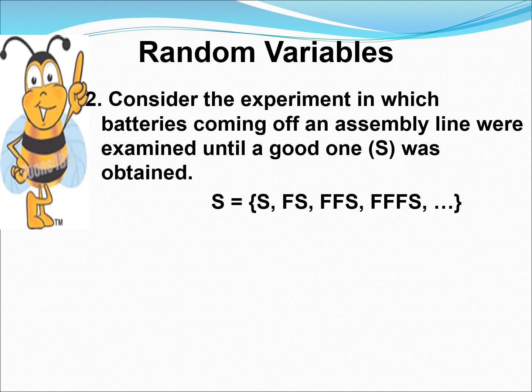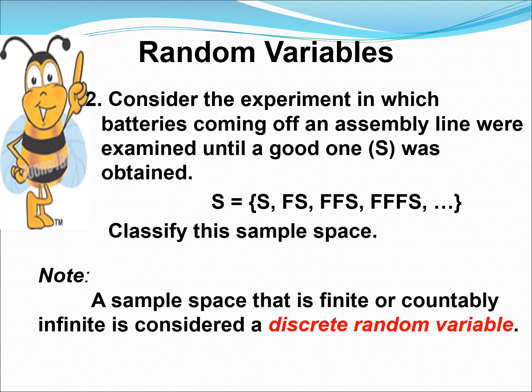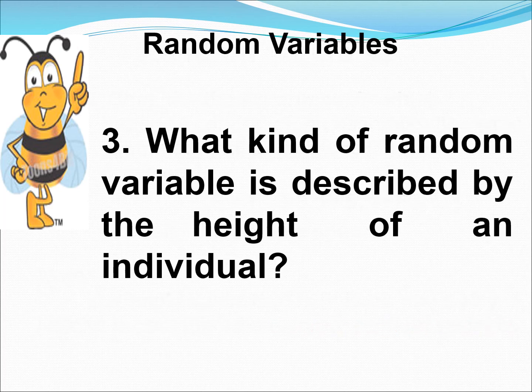Next, we have S, FS, FFS, FFFS, and so on. What type of random variable is this? A sample space that is finite or countably infinite is considered a discrete random variable. So this example is still a discrete random variable, because it is countably infinite.